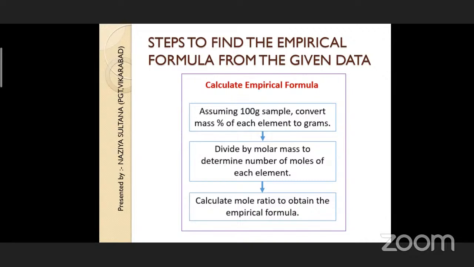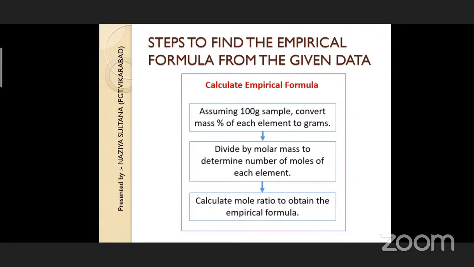It contains some amount of hydrogen, some amount of carbon, whatever the composition is, they will be giving you the percentage composition. And from that percentage composition, you are supposed to find out the empirical formula. Sometimes they'll also ask you to find out the molecular formula.